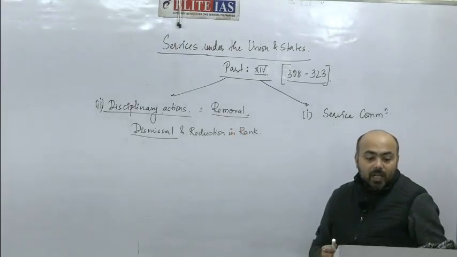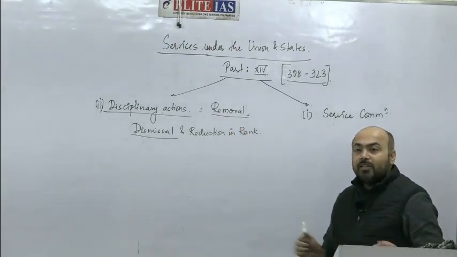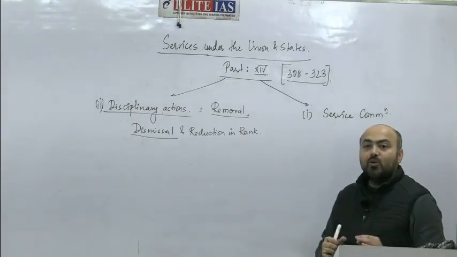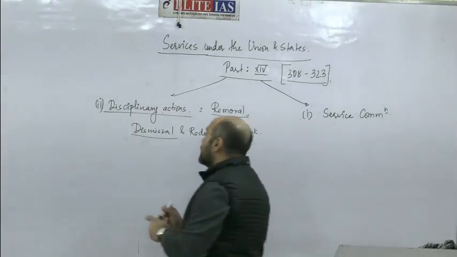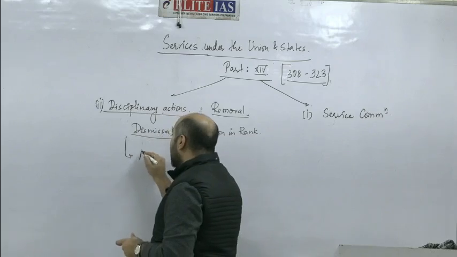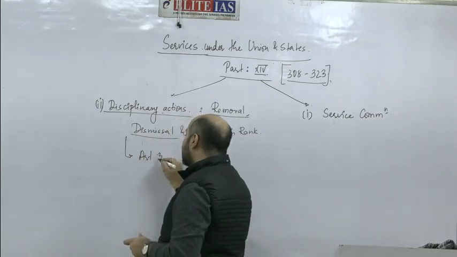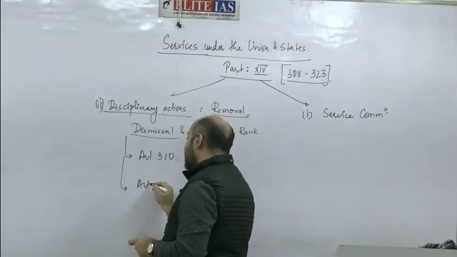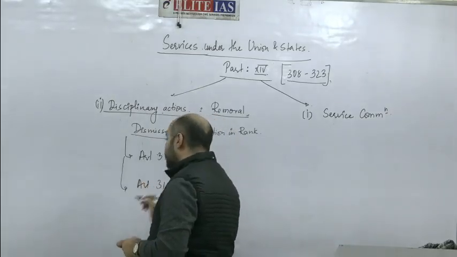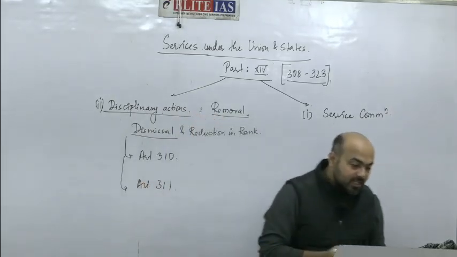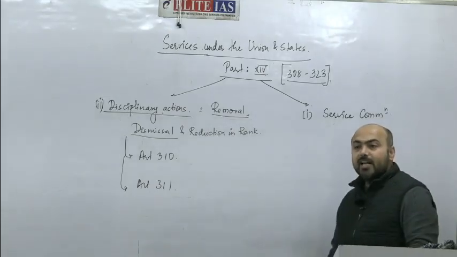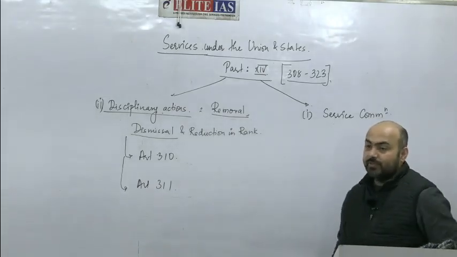Now, when we talk about removal, dismissal and reduction in rank, there are two important articles that we need to see here, which are Article 310 of the Constitution and Article 311 of the Constitution.